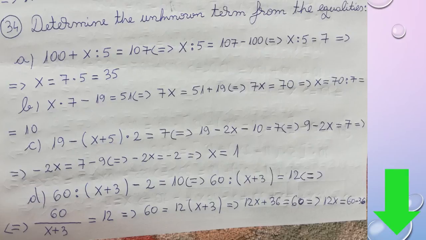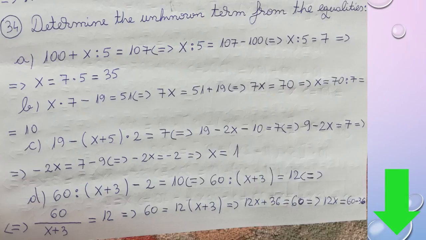Problem 34. Determine the unknown term from the equalities. A. 100 plus x divided by 5 equals 107. X divided by 5 equals 107 minus 100, so x divided by 5 is 7, and x is equal to 7 times 5, which is 35.